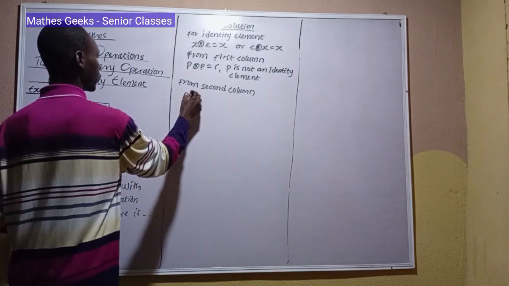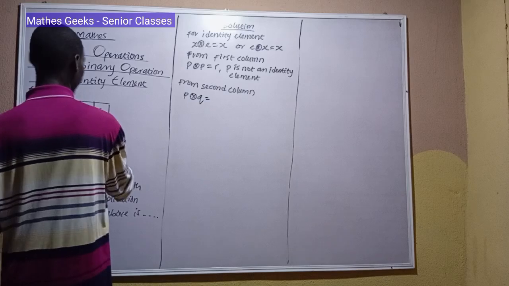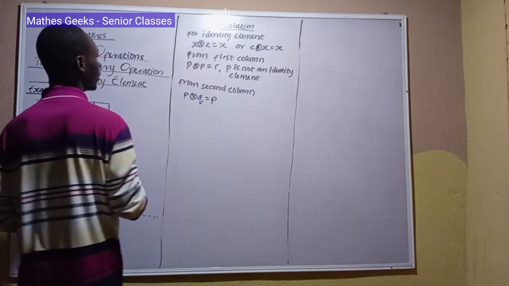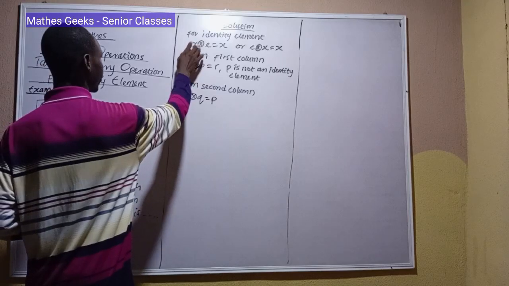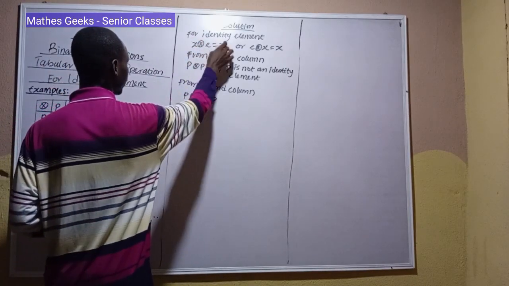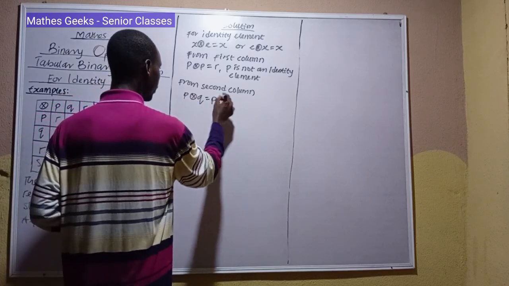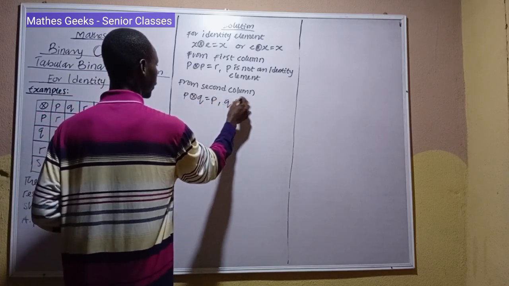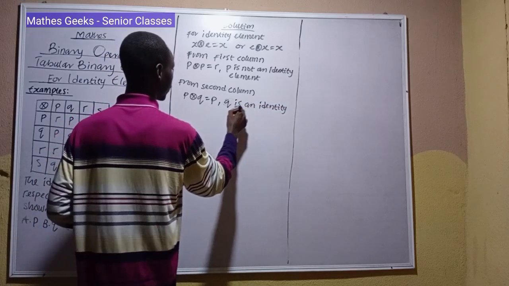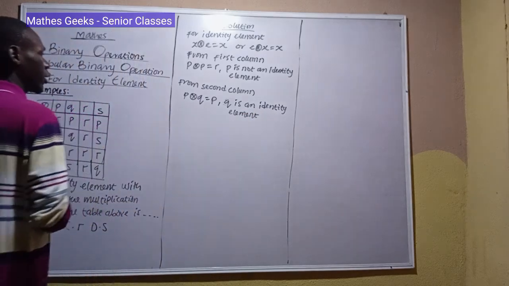P operation Q is equal to what? P. So this is exactly what we have here for identity. X, which is the first element, combined with the identity element gives you X back. So P operation Q gives us P. Therefore Q is an identity element.